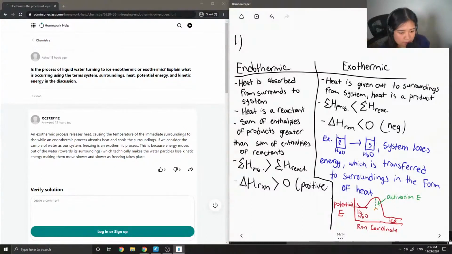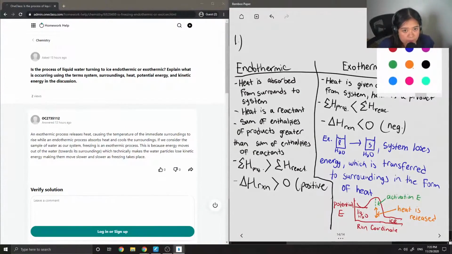And if you notice, our reactant is at a higher energy than our product, so we can say here that heat was released. Okay, so that's an example of an exothermic potential energy diagram.